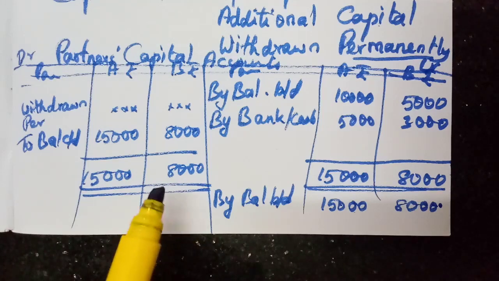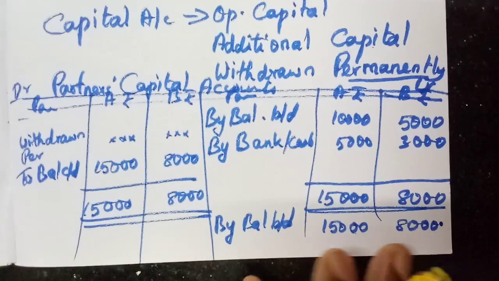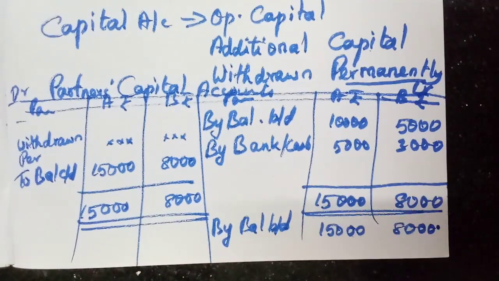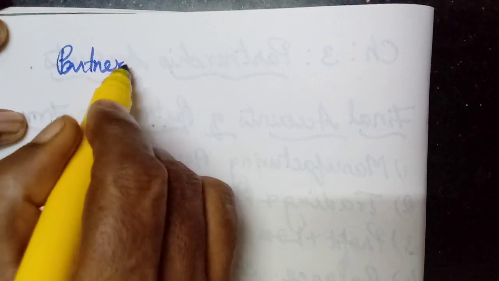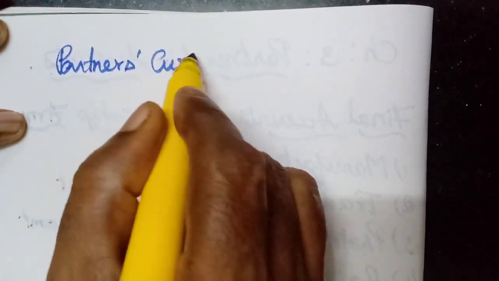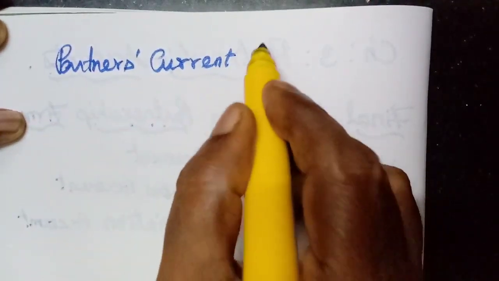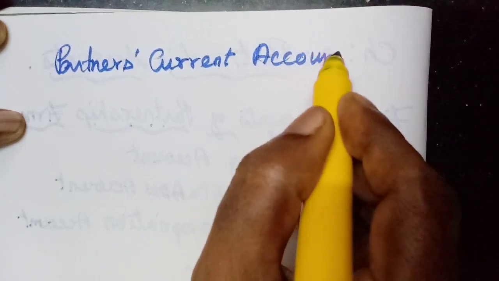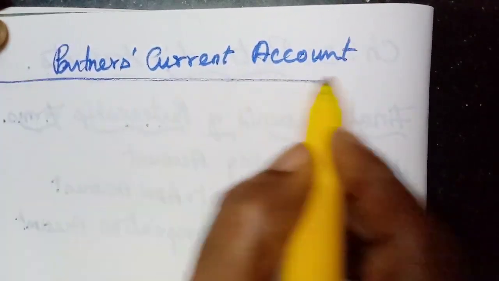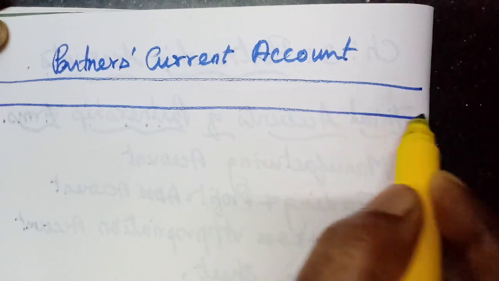Now we will see the current account. What all the items will be entered in the current account? Partners current accounts. Same, you have to use both the pages.